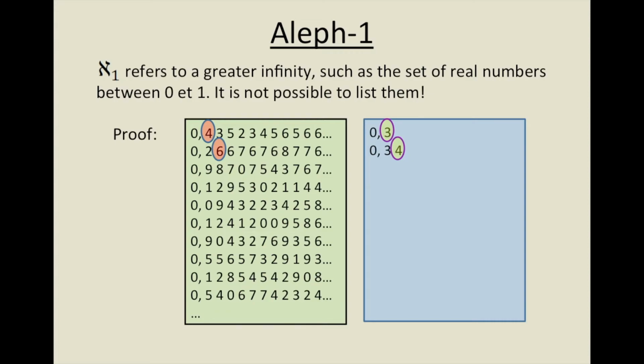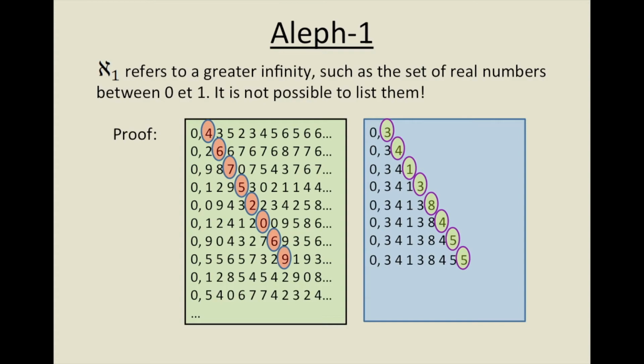So instead of 6, we choose 4. Now we know our number is definitely different from the first number, it's definitely different from the second number, and because we choose a third decimal point that's not 7, we know it's going to be different from the third in our list, it's different from the fourth, and basically it's different from every number in the list. So that shows that our list wasn't complete because we're building a number that wasn't there.